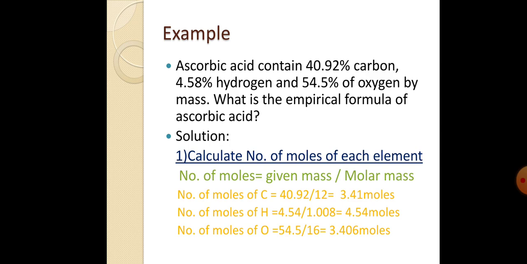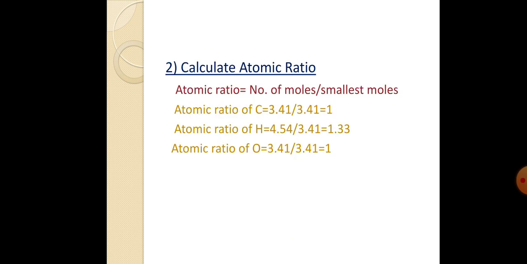So the next step is to calculate the atomic ratio. We can calculate the atomic ratio by dividing the number of moles of each element by the smallest value of moles. In this case, the smallest value is 3.41. So divide all the numbers of moles by this value.